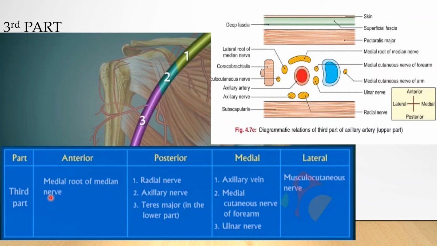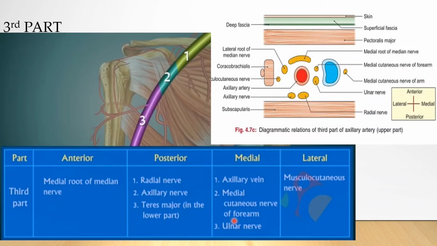Medial root of median nerve is present anteriorly, and posteriorly we will find axillary nerve, radial nerve, and teres major in the lower part. And medially we will find axillary vein, medial cutaneous nerve of forearm, and ulnar nerve. You can see here. And laterally we will find musculocutaneous nerve.